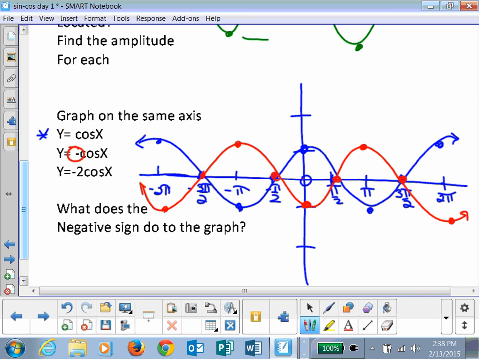If it starts below, there's that negative sign. So you want to write on the back of your sheet that a positive b means you're starting above, and a negative b means you're going to start below. So what does the negative sign do? It flips the graph. On the back, put it in addition to that b: it changes the direction.